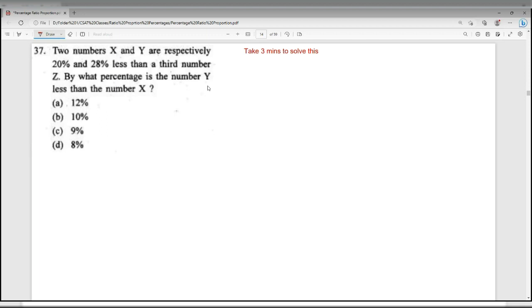I had told you in the introduction, if a number is less than another by a certain percentage, for example, here they are saying x is 20% less than the number z, that is 1 minus 20 by 100 into z, and this is equal to 0.8 z.